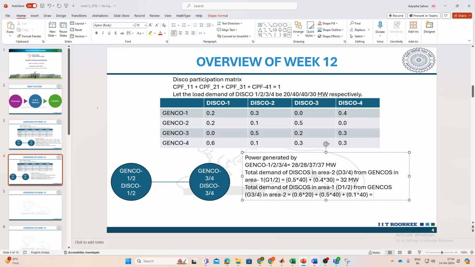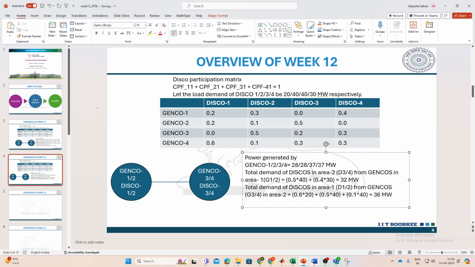So that is nothing but 0.6 into 12 plus 0.6 into 40 basically. So I think 36. Yeah. So that is 36 megawatt.